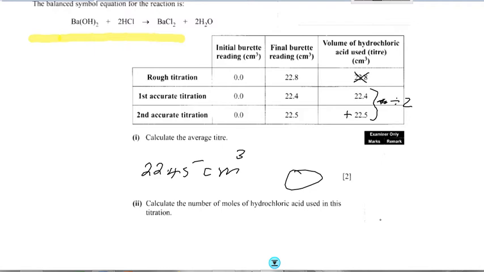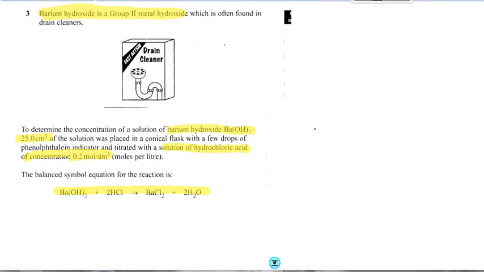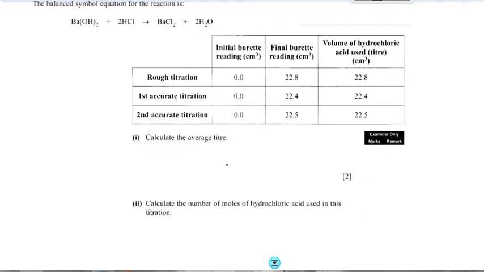Calculate the moles of hydrochloric acid used. Well, we need to just go back and double check the concentration of the hydrochloric acid. It was 0.2 moles per decimeter cubed, and we've worked out that our mean titre is 22.45. So it's 0.2 multiplied by 22.45 over 1,000, or 0.02245.